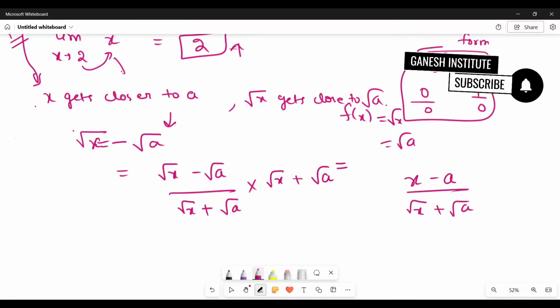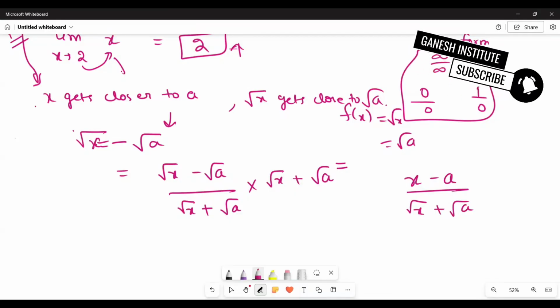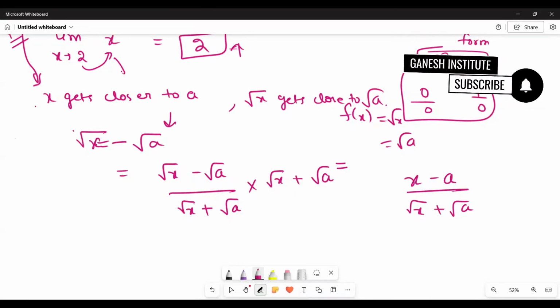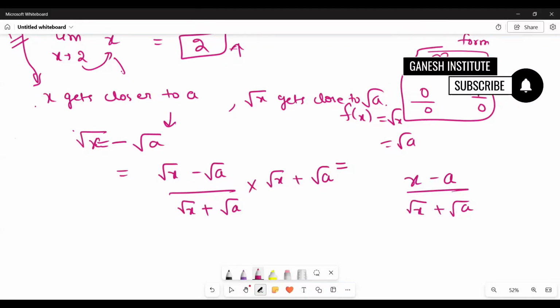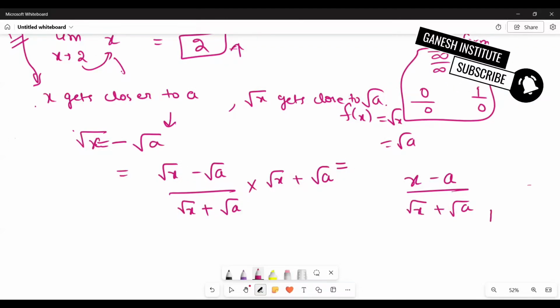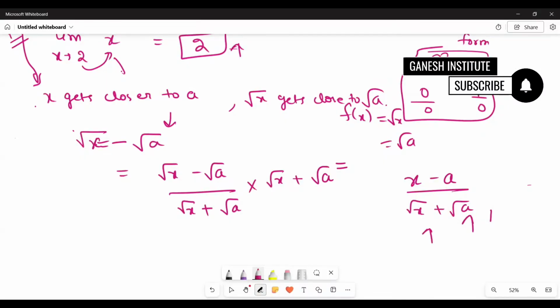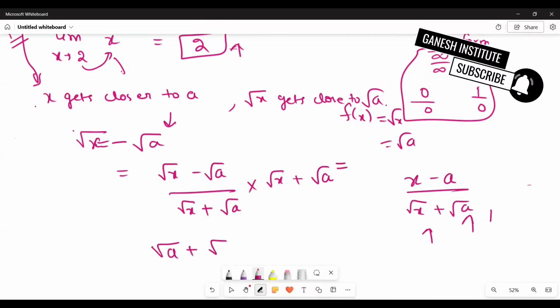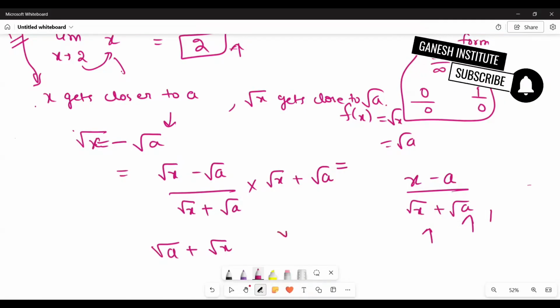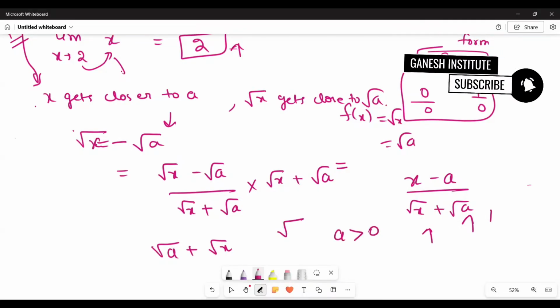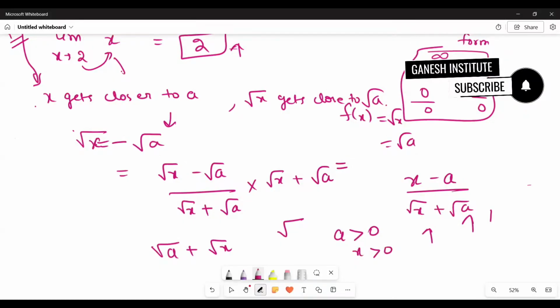Yes. Now when I add this, it can help me with the denominator. Root a is getting added to root x. So of course, if a is greater than 0, then x also has to be greater than 0, because that means a is closer to x.